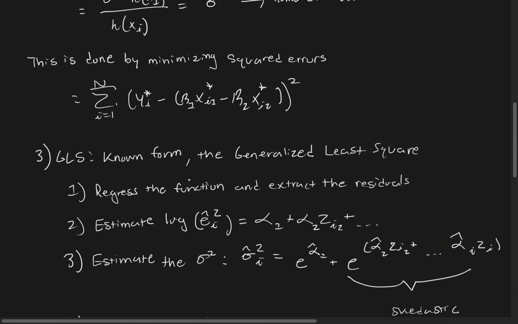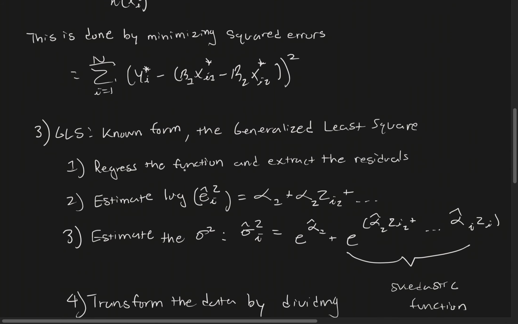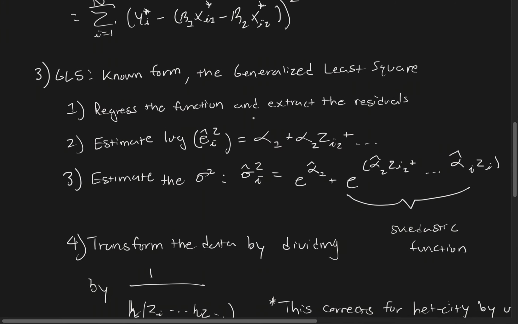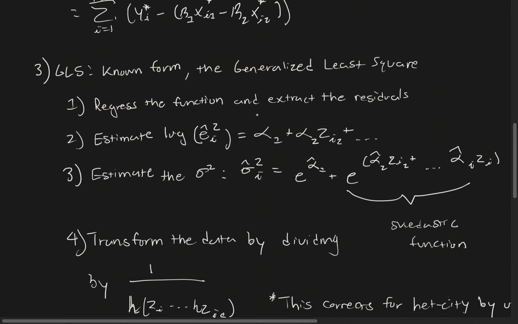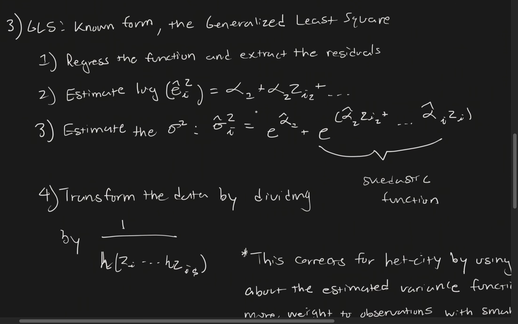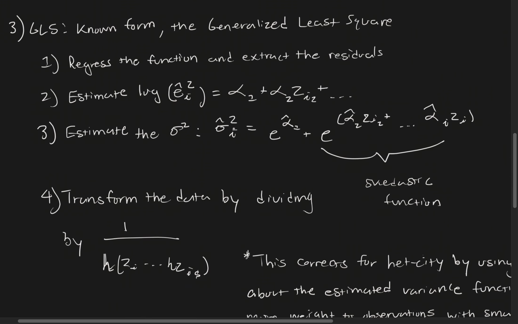Moving on, we have our third method of correcting for heteroskedasticity, called GLS, and this is when we have a known variance form. The generalized least squares involves a general four-step process. It's not a formal four-step process, but we extract the residuals from the function, which is the first step. Then we regress the log of the squared error.